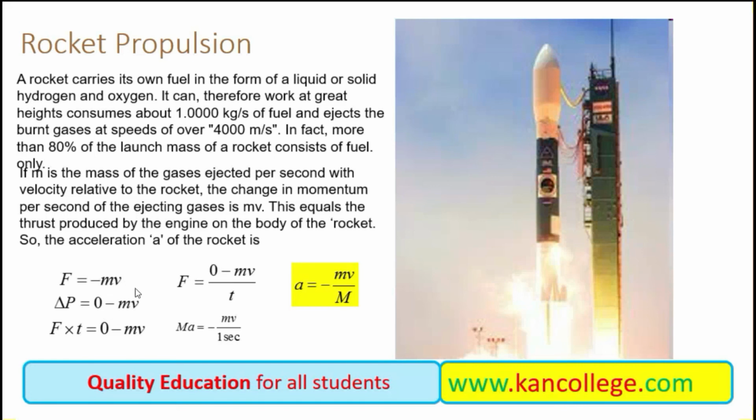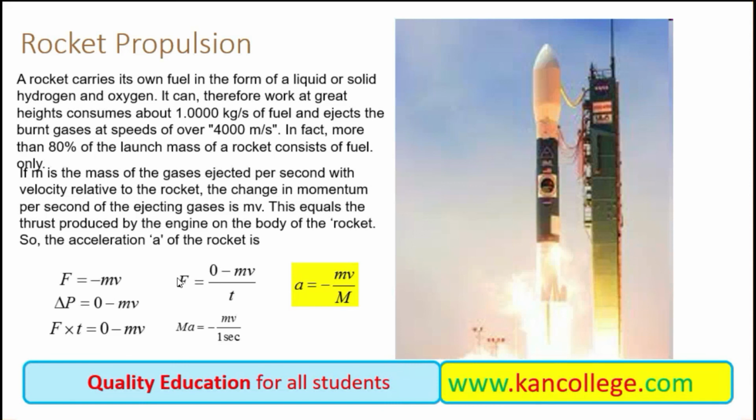Initially the momentum of the fuel was 0, and as it is burnt out and exhausts from the rocket, it gets a momentum mv, and in reaction to that the rocket moves up. So the change in momentum is delta p. And we know that impulse is the change in momentum, and impulse is equal to F times T, which is equal to 0 minus mv.